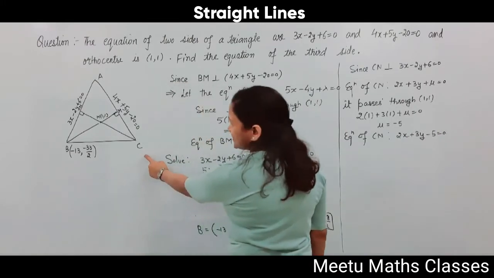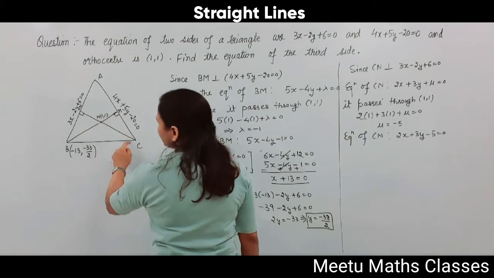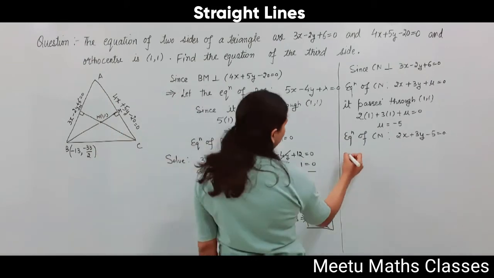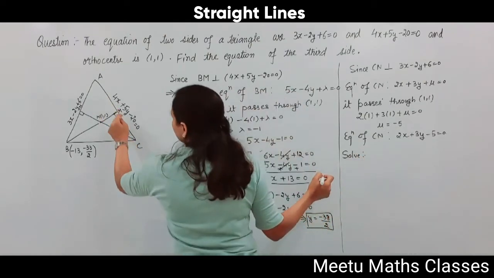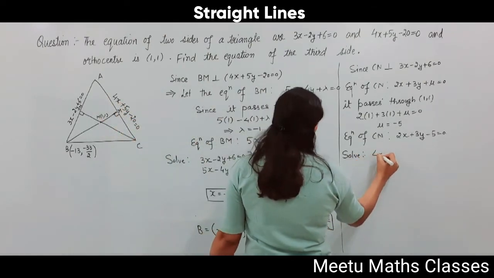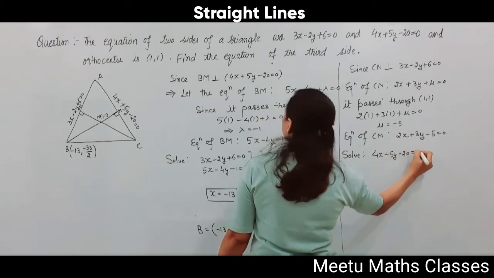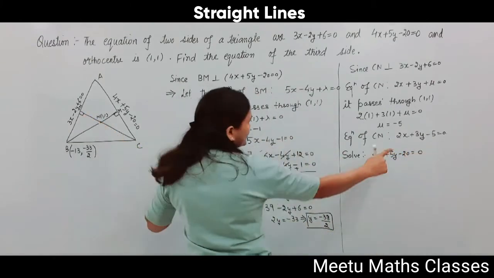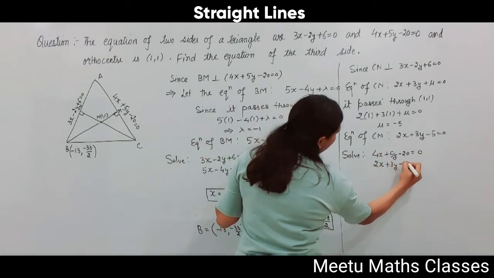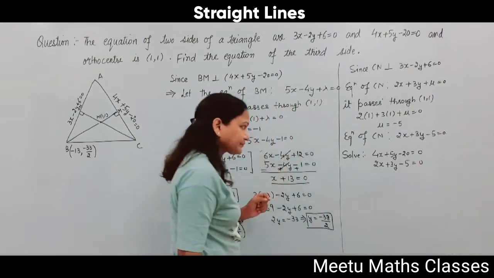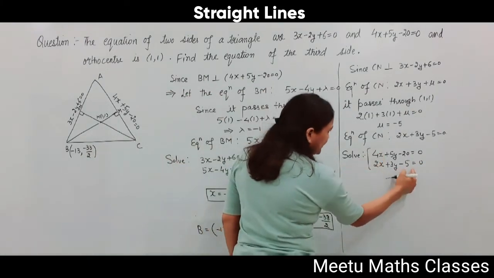Now to find the coordinates of C, we are going to solve the equations of AC and CN simultaneously. AC is 4x plus 5y minus 20 equals 0 and CN is 2x plus 3y minus 5 equals 0.